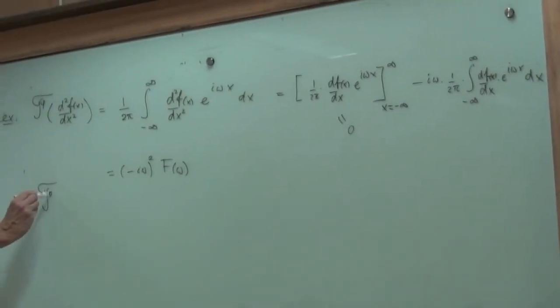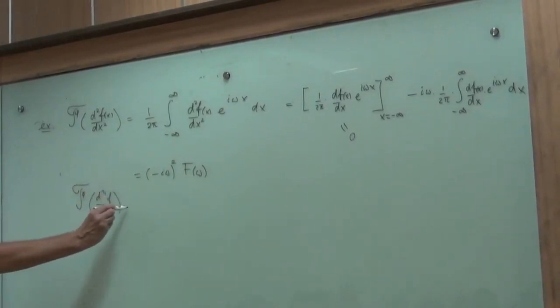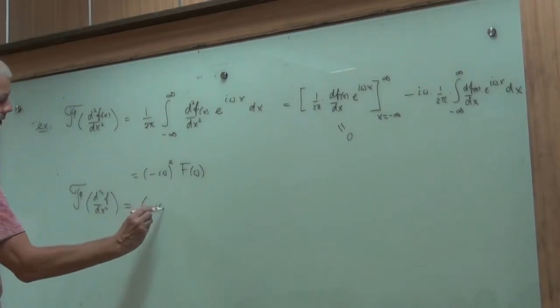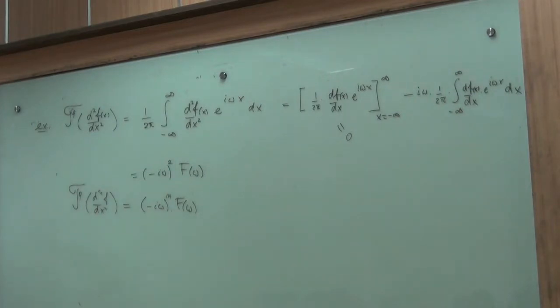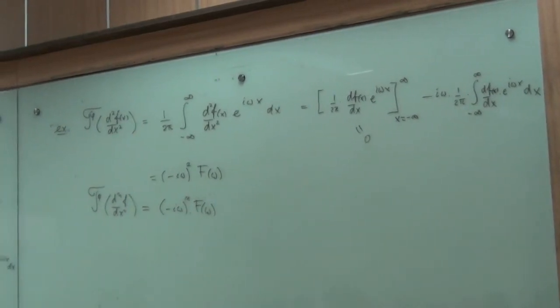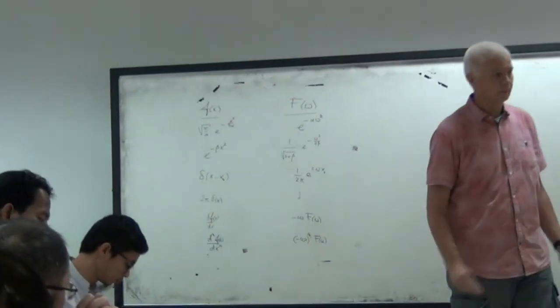In general, if you look at the nth order derivative of a function f, then you will find minus i omega to the power n f omega. So in my table I can write down that the nth order derivative is equal to minus i omega to the power n times f omega.